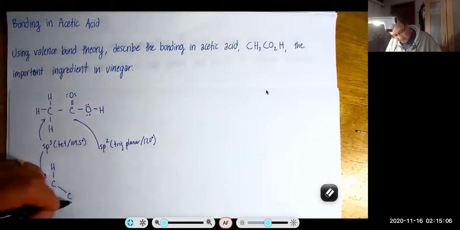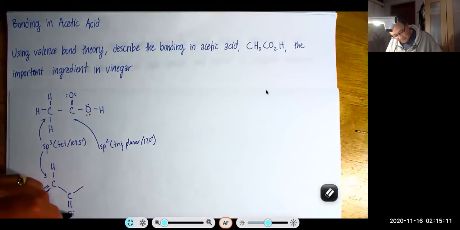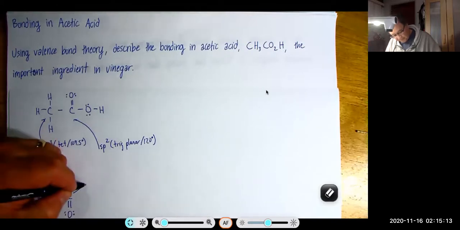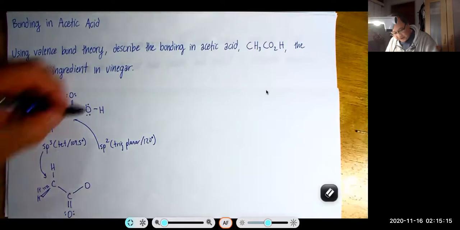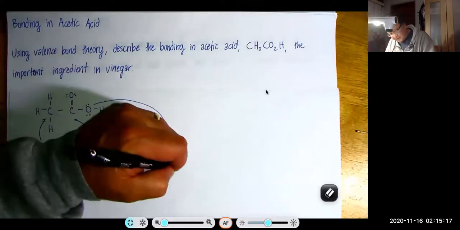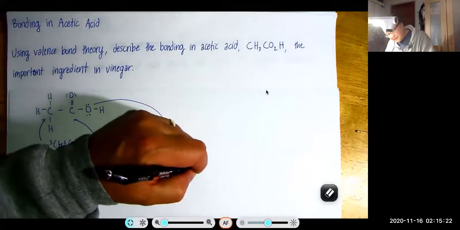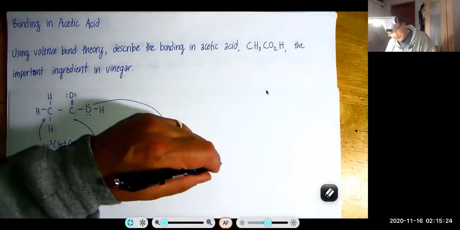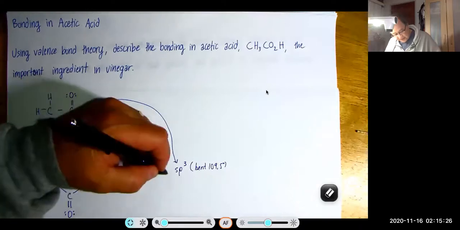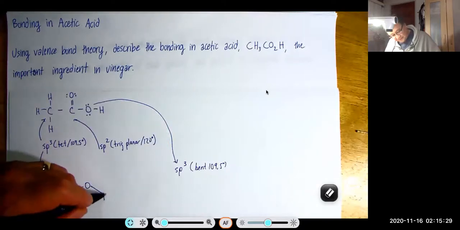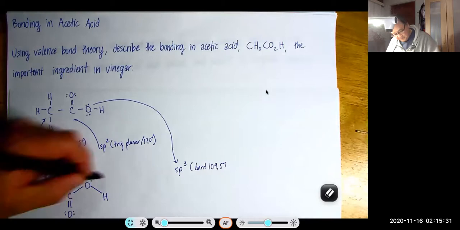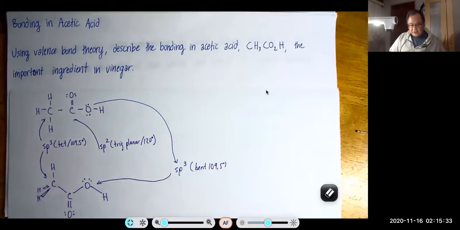So here, it's going to look like this, and I'm going to draw this like that. And then this oxygen here is going to be sp3 hybridized, but it will be bent 109.5 degrees. And I'm going to draw it like that. So using valence bond theory, we just described what's going on, but we have a little bit more.